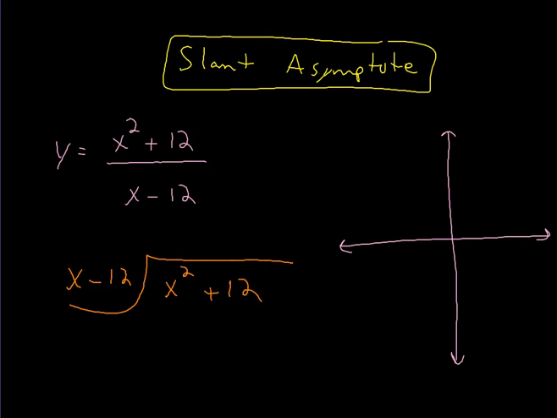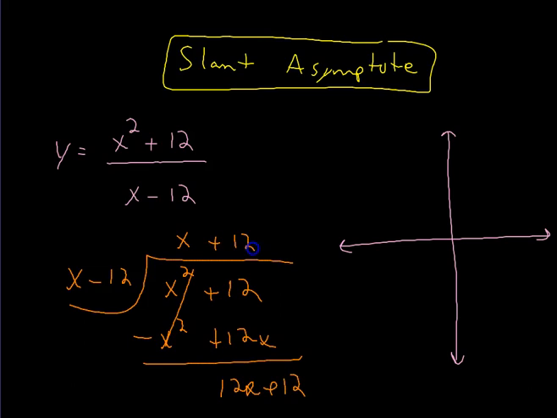If you do the math of long division there, x times x gives you x squared, x times negative 12 gives you negative 12x, and you change the signs, which gives you 12x plus 12, and then you have to add 12. So distribute it again, you get 12x, subtract 144, change the signs, and essentially you get a remainder of 156.